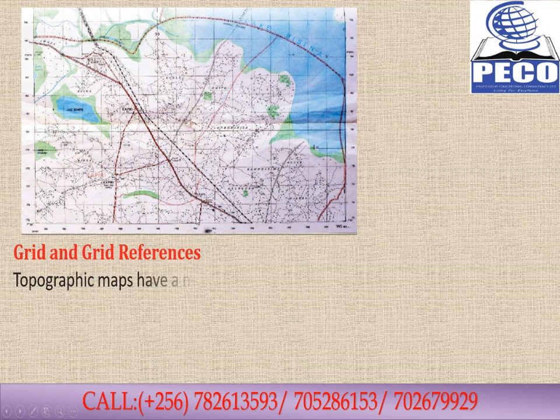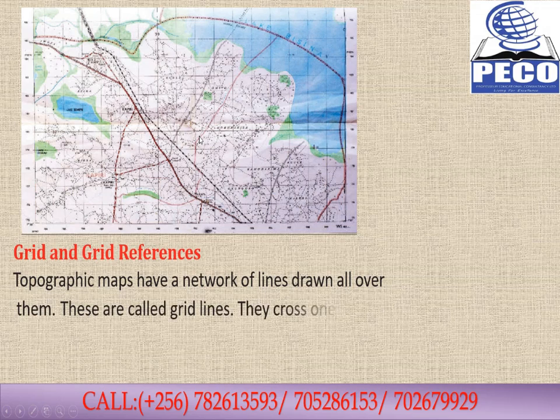And when you look at this map extract or these topographic maps, you have a network of lines which have been drawn all over this map extract. These are called the grid lines. And when you take a closer look at them, we have lines which are vertical and we have lines which are horizontal.